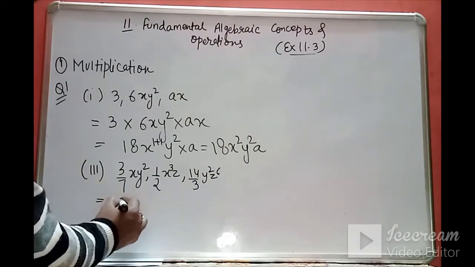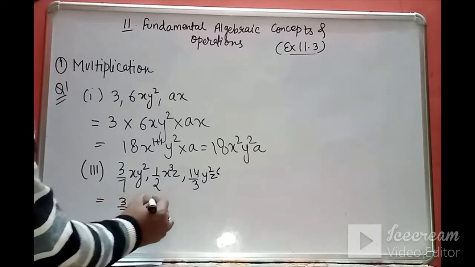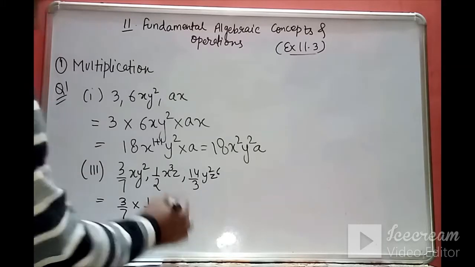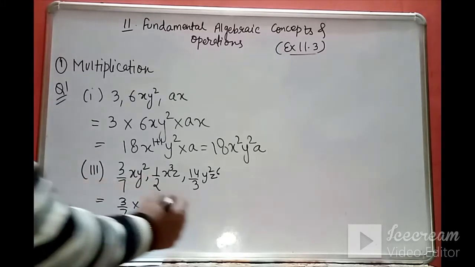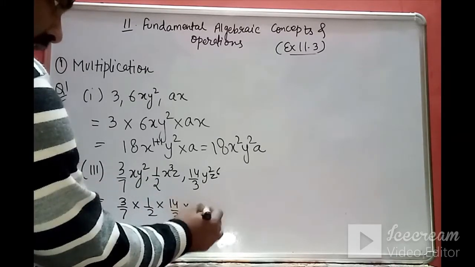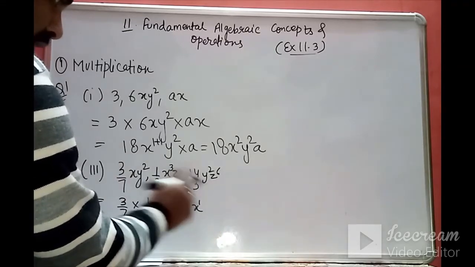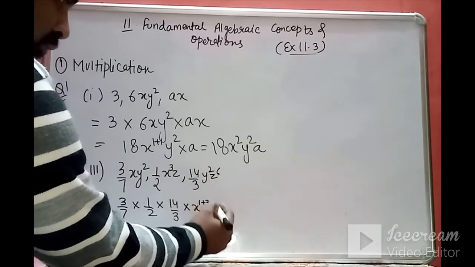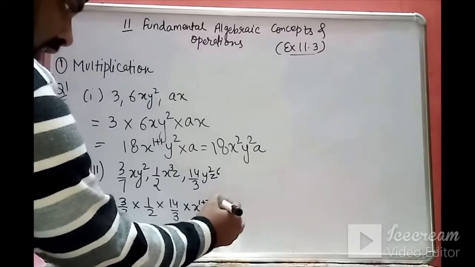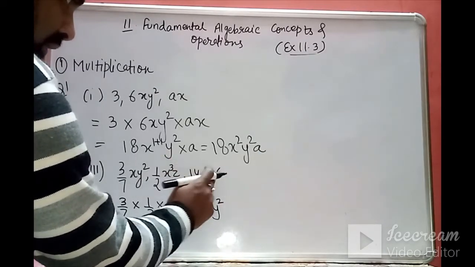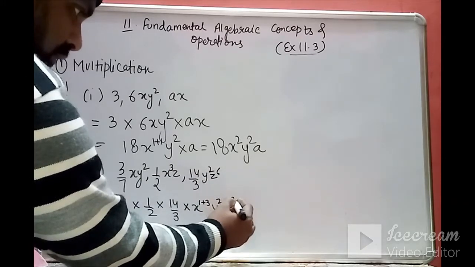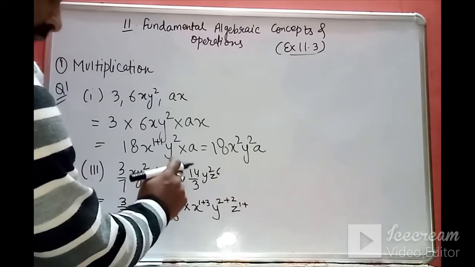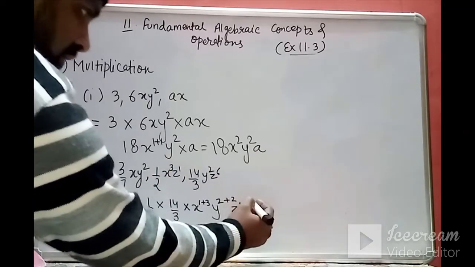Similarly this one, it will be 3 upon 7 into 1 upon 2. I am keeping all the constants together, and then x: one power is 1, here the power is 3, so plus 3 we will do, and there is no power of x. Now we will move to y square, one power of y is here, that is 2, and here z is 1, this is one power, and this is 6.